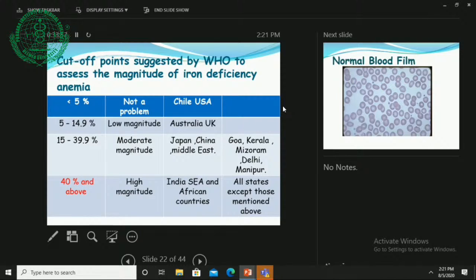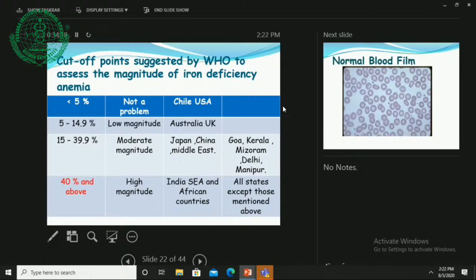If prevalence is less than 5%, anemia is not a problem in that country. Only two places are there, Chile and USA, where the prevalence is less than 5%.